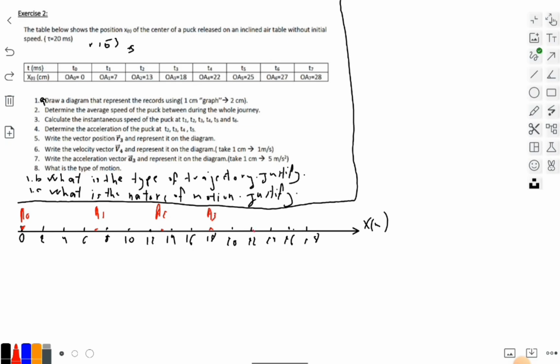A4 on 22, this is A4. A5 at 25, so here A5. A6 27, here A6. And finally A7 on 28.